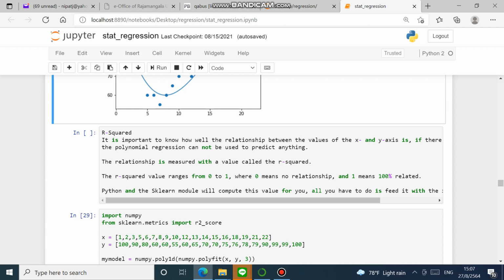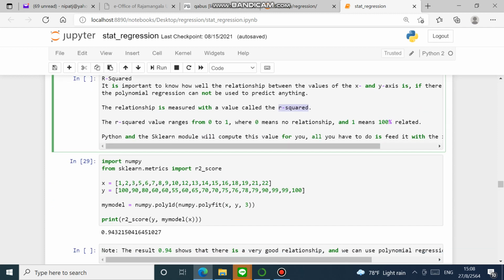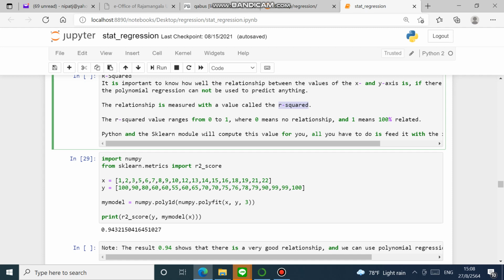You have to compute R. The relationship is measured with a value called R squared, not R. R squared values range from 0 to 1, where 0 means no relationship and 1 means 100% perfectly related.